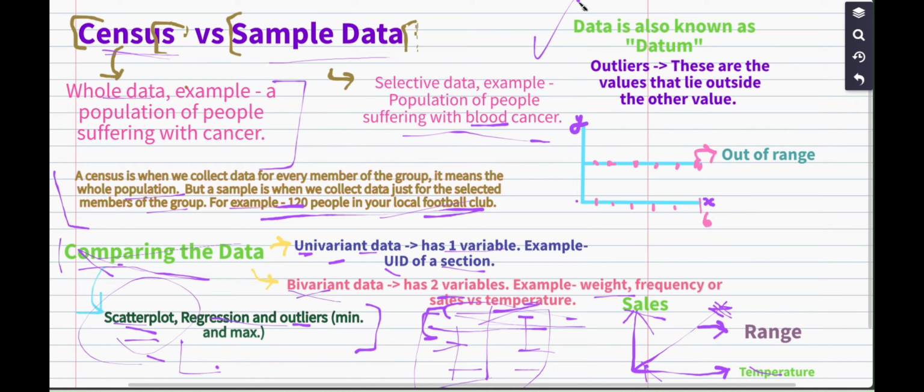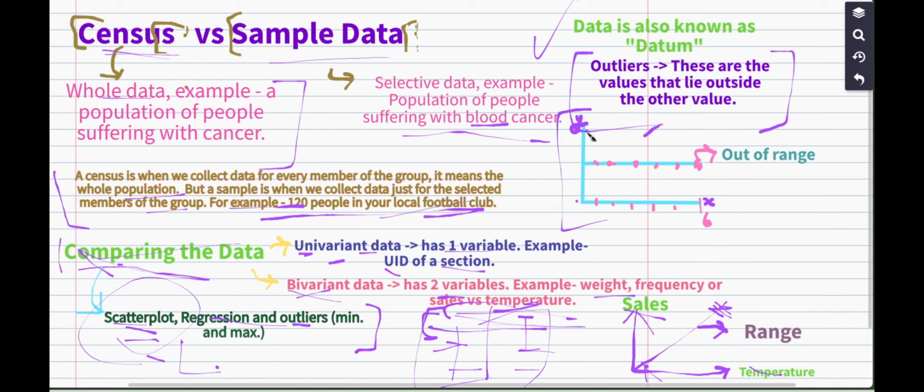In the next lecture we will go into more depth, discussing the term outlier. You know that outliers are the values that lie outside the data range, outside the other values, right?